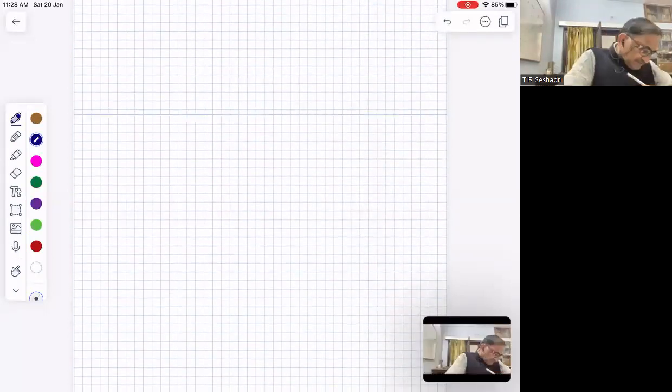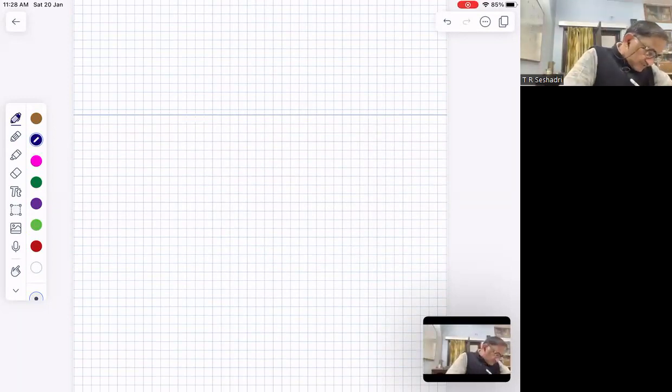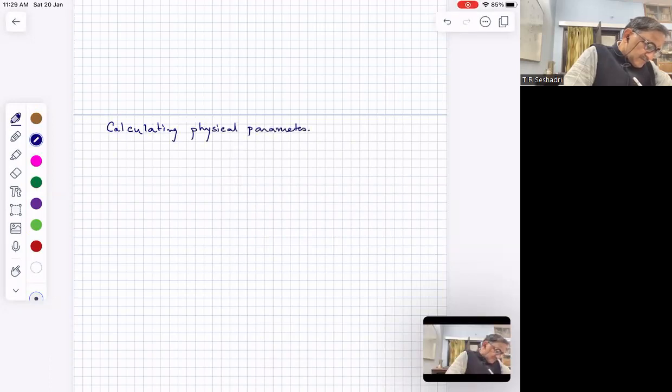Now let us consider different cases. One is, of course, calculating physical parameters. The simplest physical parameter is the radius of the system, which we already know.